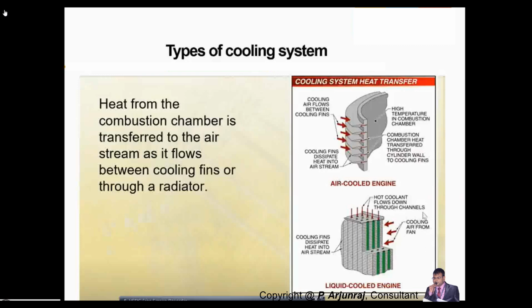Hot air here indicates there is heat getting transferred from the combustion chamber to the air. As a result, you are going to get the hot air when it is coming out, and again you get the coolant with lesser temperature.